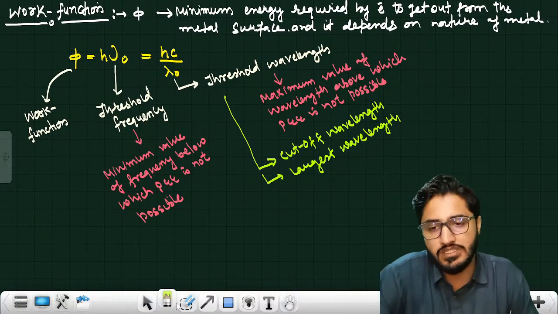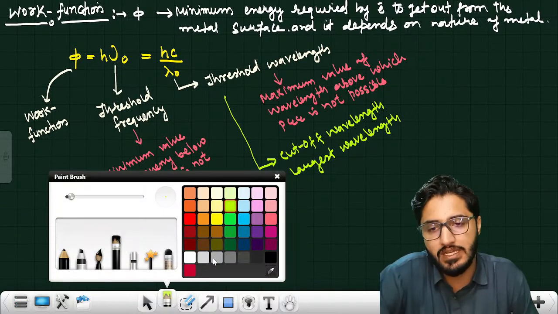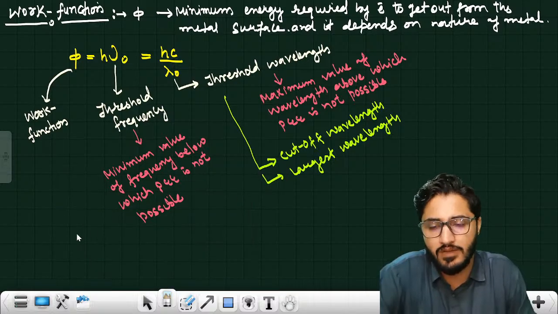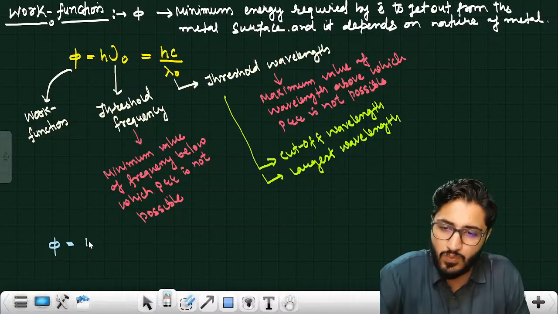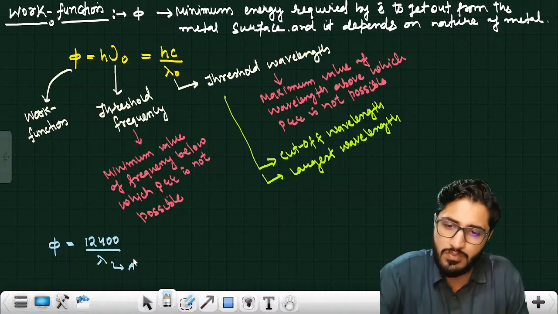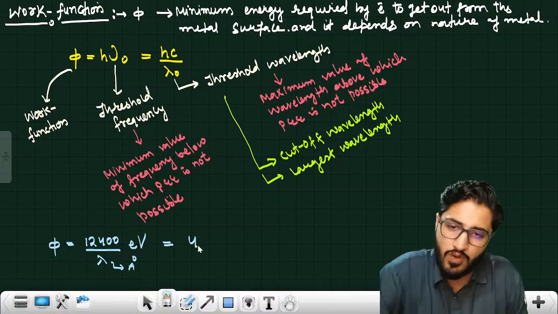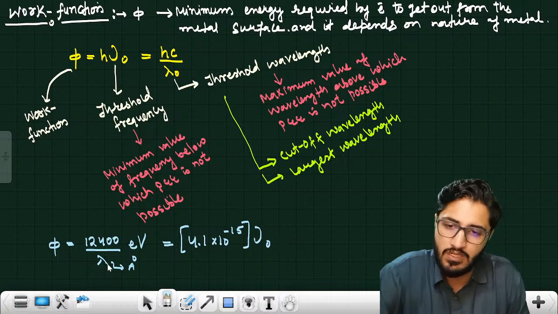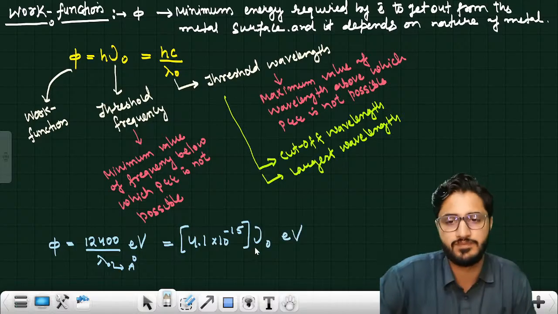And there are some points that you need to remember, so I will write them now. My phi is given as 12400 divided by lambda, but lambda should be in angstrom and phi is in electron volt, and it is equal to 4.1 times 10 to the power minus 15 nu naught, and it is also in electron volt.